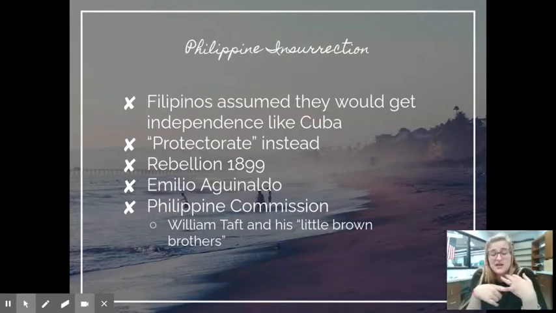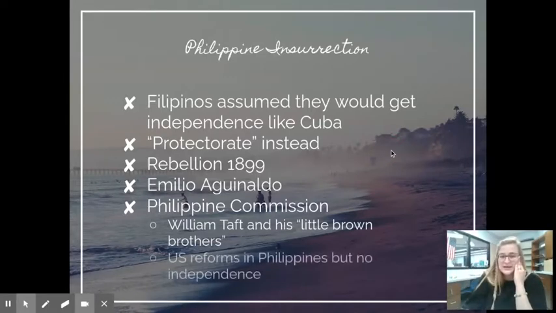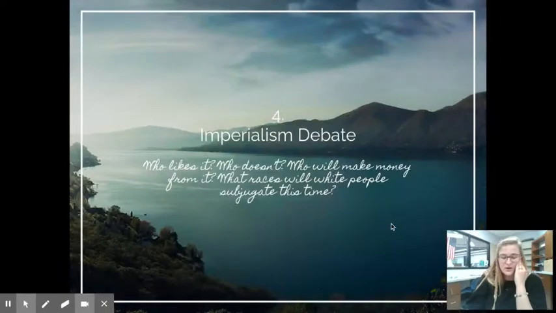They institute education, public health and sanitation like sewage systems, infrastructure like bridges and canals and roads. Although the Filipinos remain very resentful, as they have the right to, because this is their territory that's been taken from them. And it takes a long time. When I say a long time, I mean 1946, a long time for the Philippines to finally gain independence.